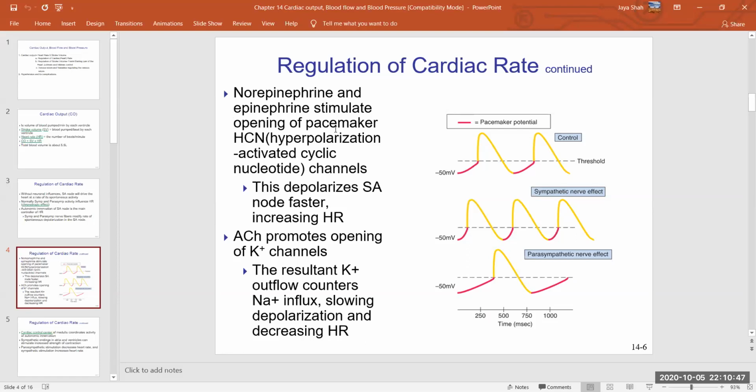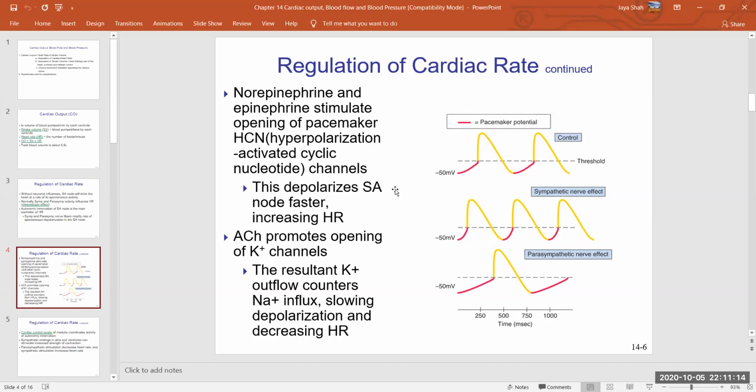But when sympathetic nerve stimulation starts, it releases norepinephrine and epinephrine, which stimulate opening of the pacemaker HCN, hyperpolarization-activated cyclic nucleotide channels.